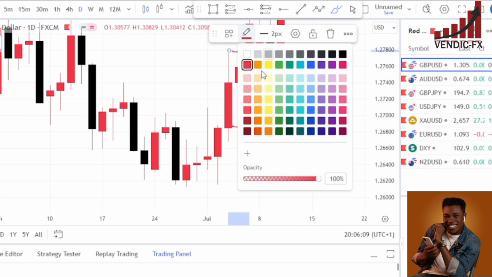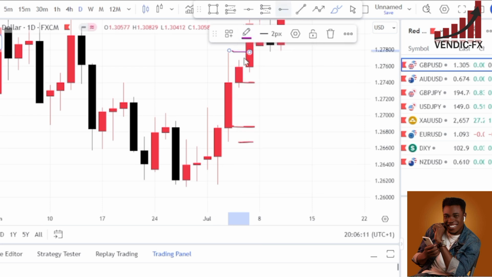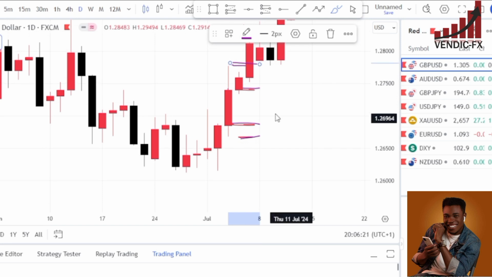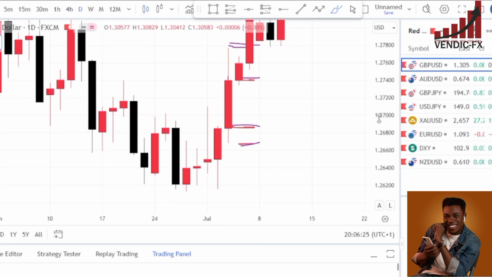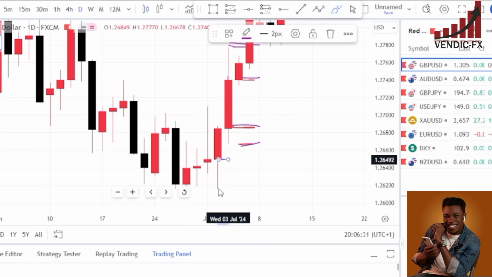For this candle here, we have an opening, we have a wick, we have a close of the day, and we have another wick. That's how a candle is formed every day. This was an opening of the day, this was another opening of the day, we have a wick of the day and a close of the day, and that is how every candle is formed.